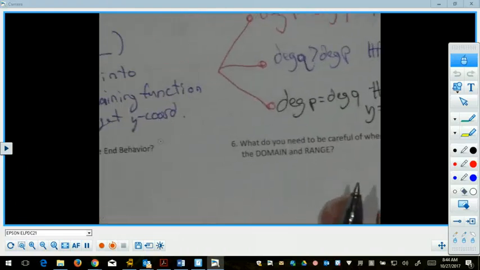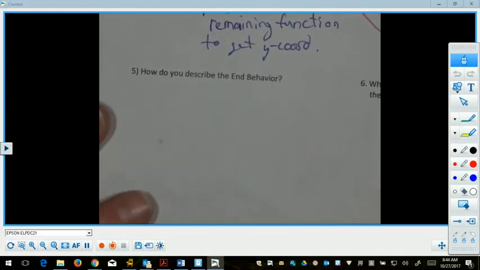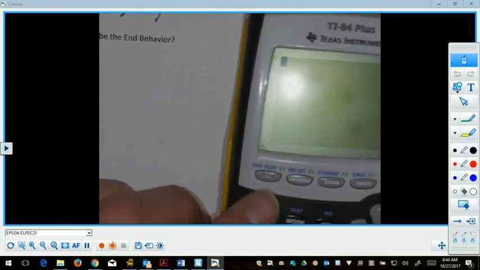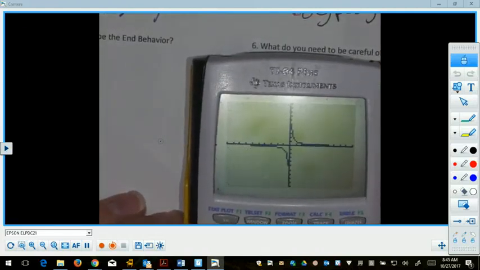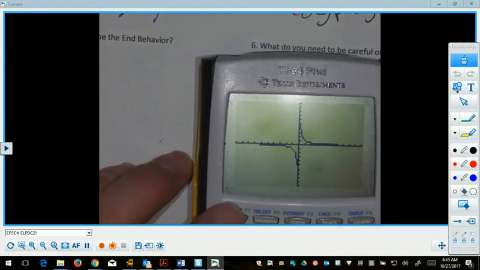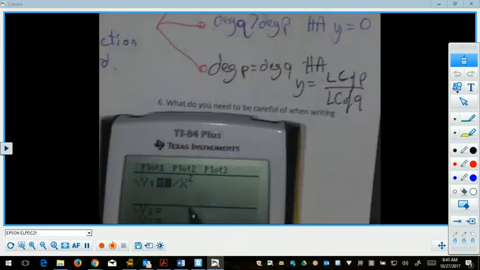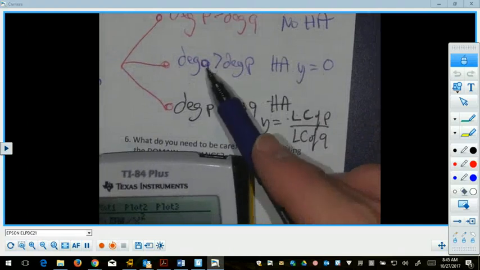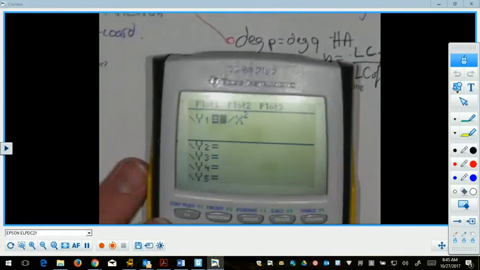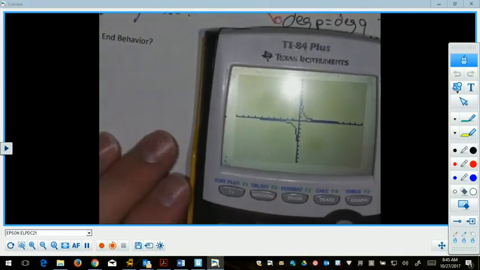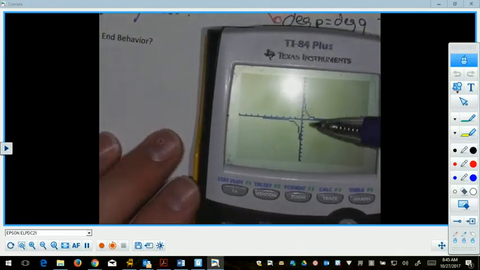All right, so how do we describe the end behavior? That's what we want to look at. I'm going to look at a function of x over x squared just to see what happens. X over x squared is going to have a horizontal asymptote, since the denominator is bigger, of y equals 0. And I can even see that on this graph. So what's happening as I go to the right?